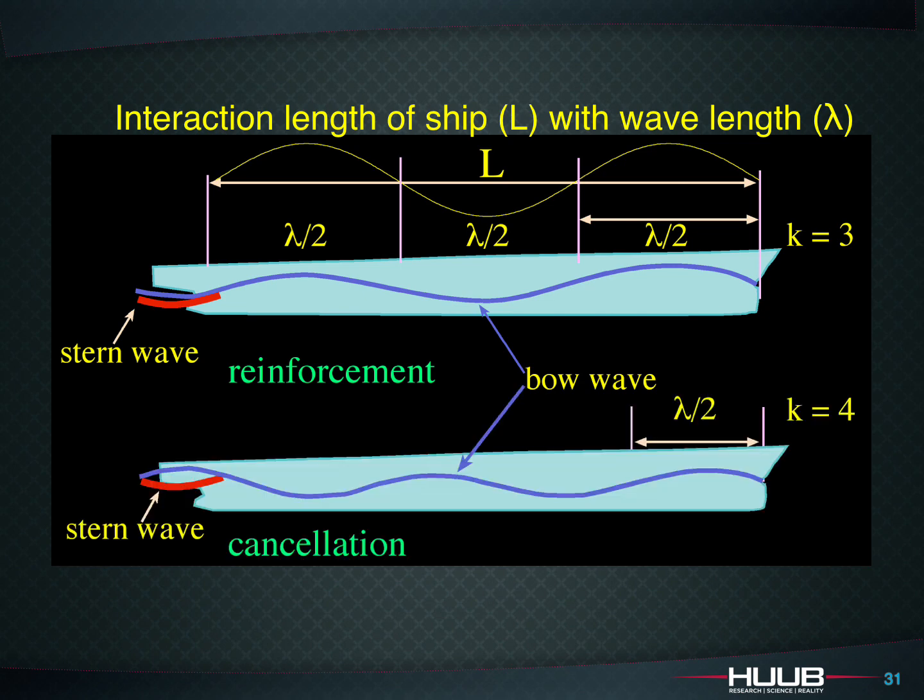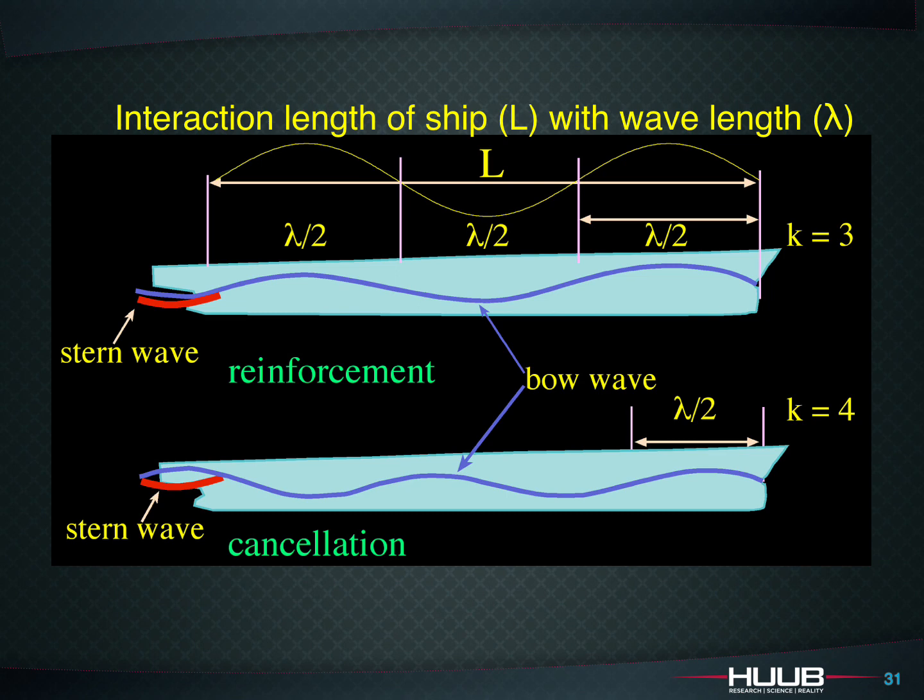In contrast, you can imagine that if you go a little bit slower in this case, the bow wave is a little bit shorter, and where in the first instance there was reinforcement, the stern wave is now cancelled by the bow wave.